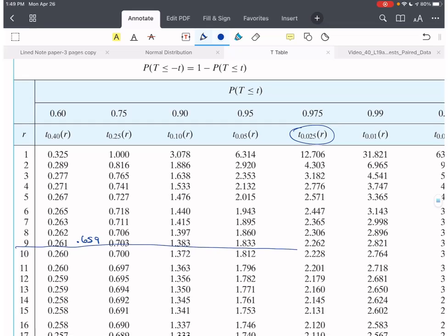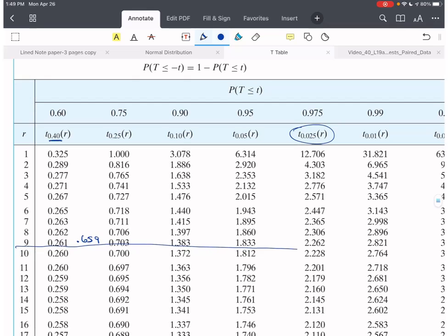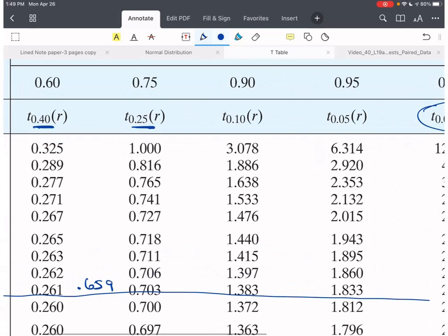Now, we have to be careful. This is a two-sided test, so we're going to look at this number, and that is 0.40 and 0.25. However, remember that this is for a one-sided test, so we're going to have to multiply these numbers by 2.